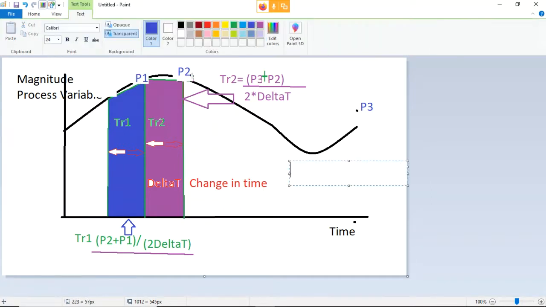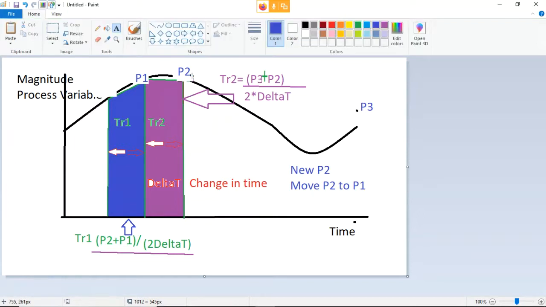So what we have to do is move. Before we calculate the new 0.2, we have to move 0.2 to 0.1, so that every time you're really just calculating with 2 points, 0.2 and 0.1.